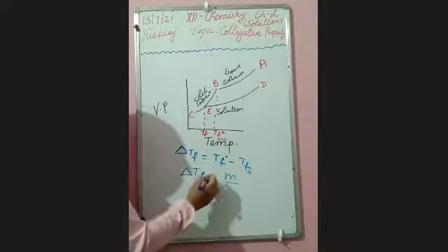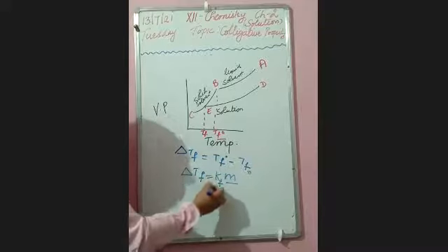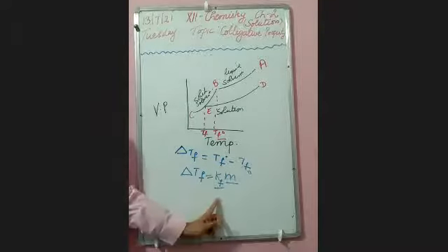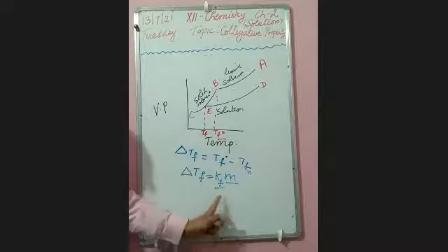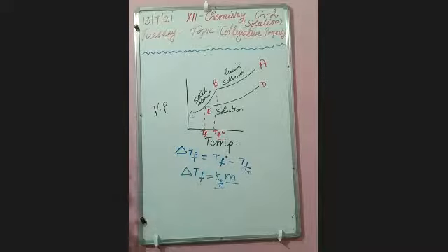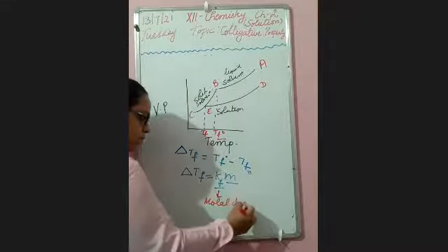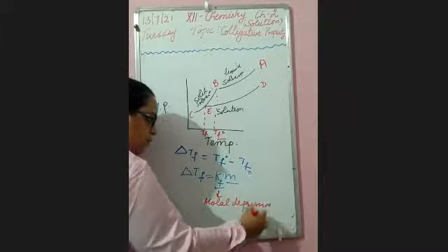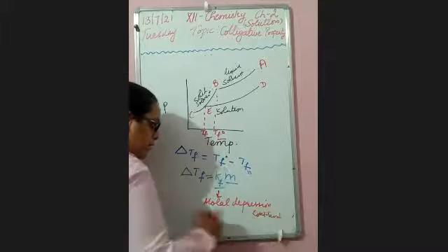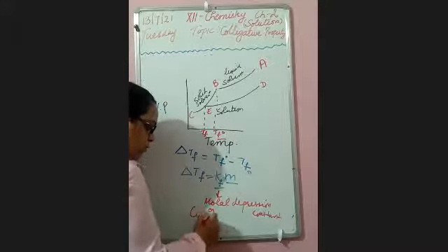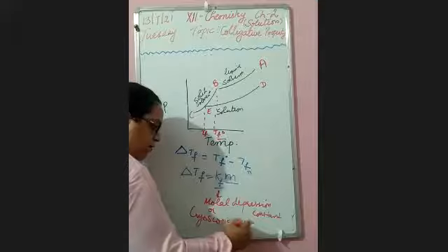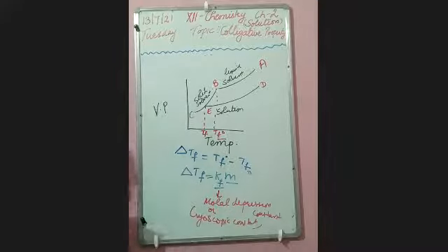For that, we will put this KF, the cryoscopic constant. This KF is your molar depression constant, or cryoscopic constant. In case of elevation in boiling point, it was the molar elevation constant or ebullioscopic constant.